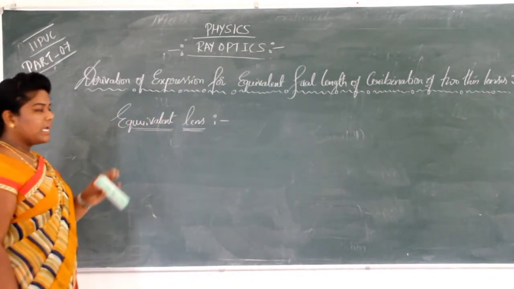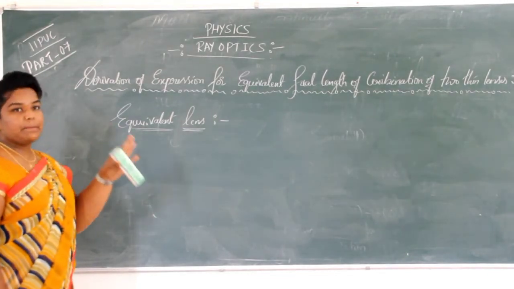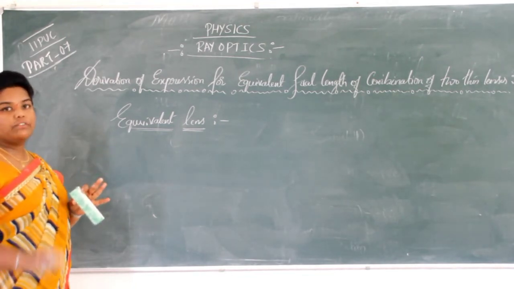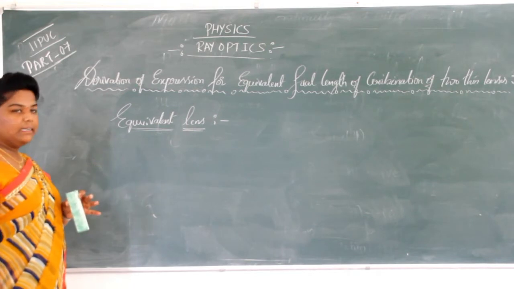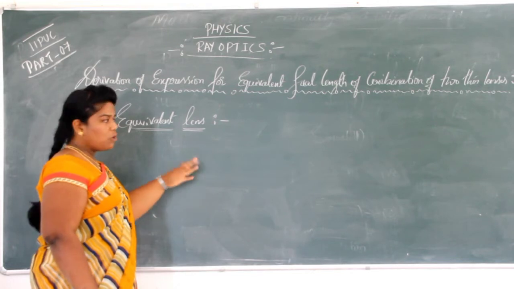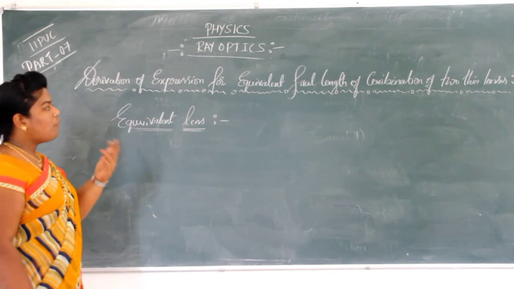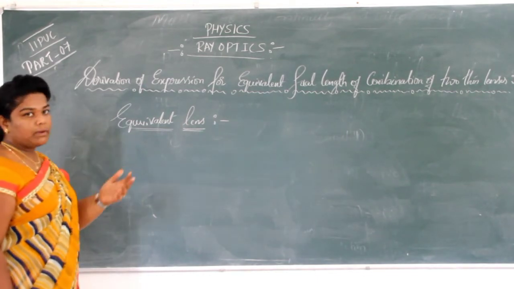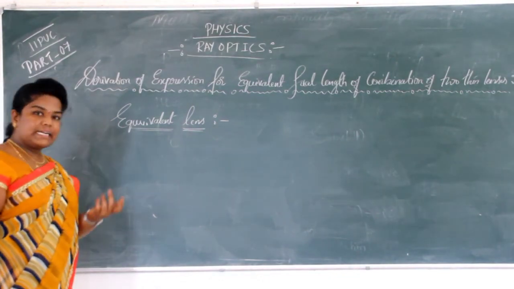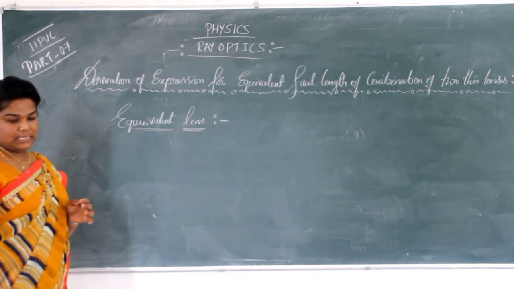Equivalent lens is a lens which forms an image of an object as it was formed by the combination of two thin lenses. It means we'll get the same kind of image that we got by combining two lenses.